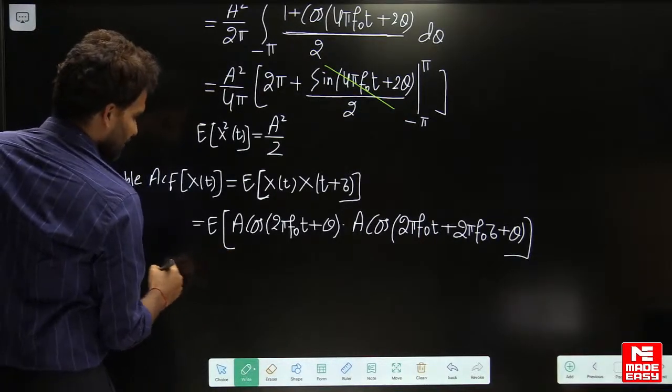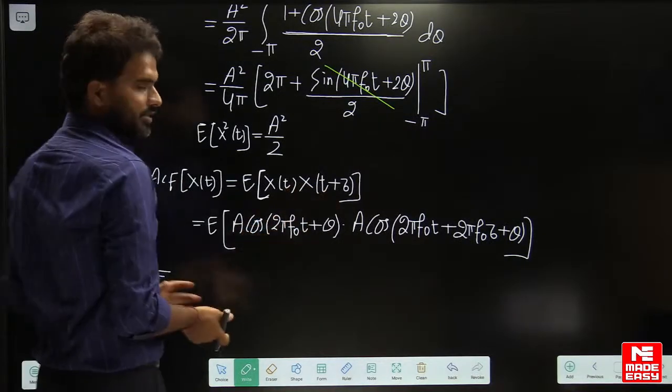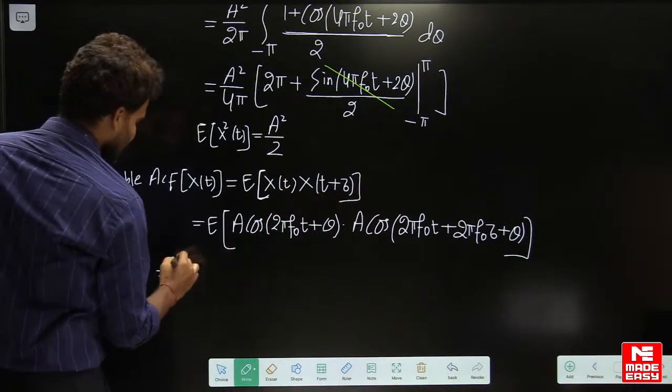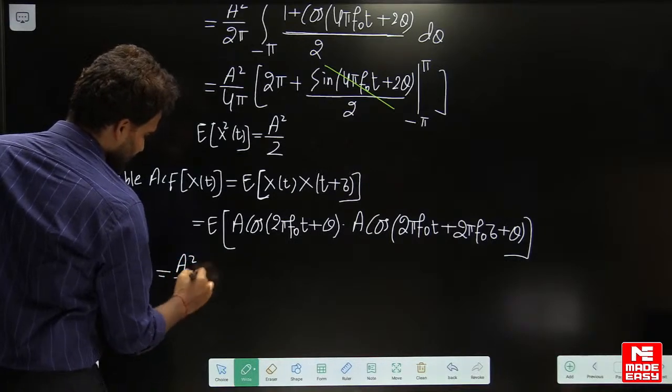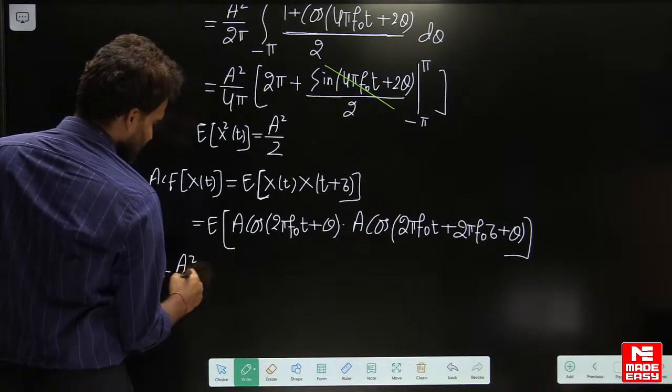Now this is cos A cos B, which is cos A plus B plus cos A minus B by 2. So you can write A square by 2 outside, and apply expectation to each of the terms.